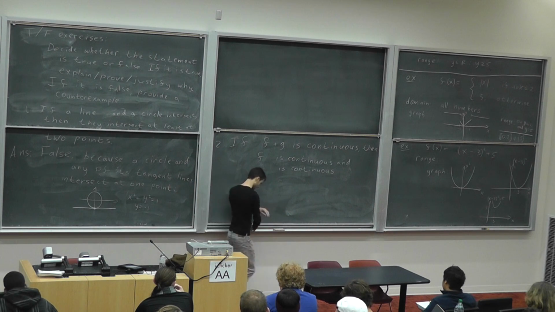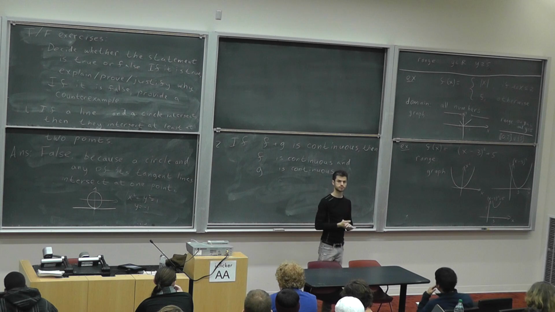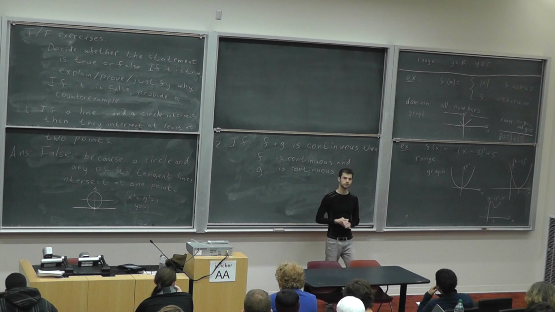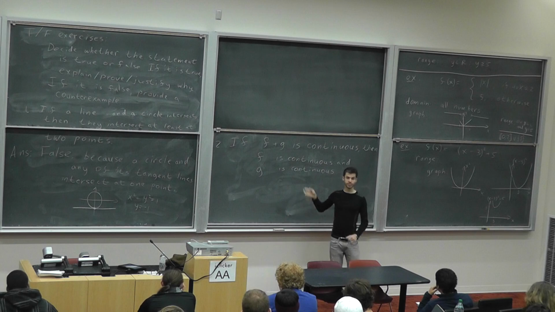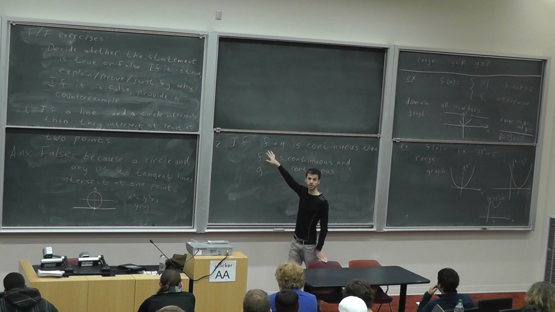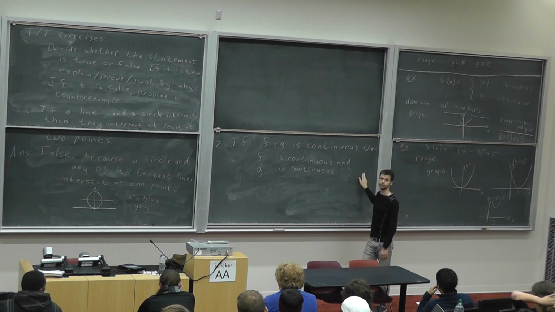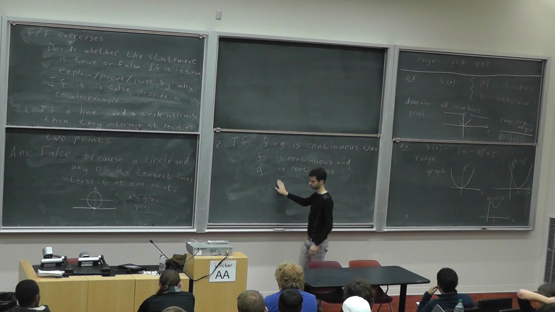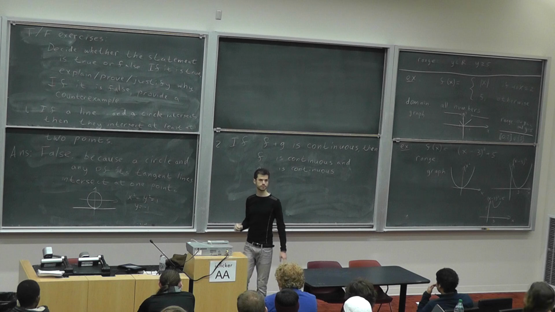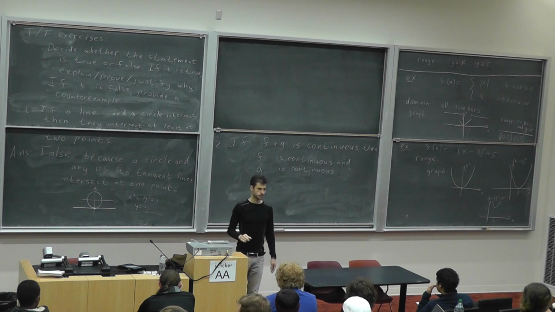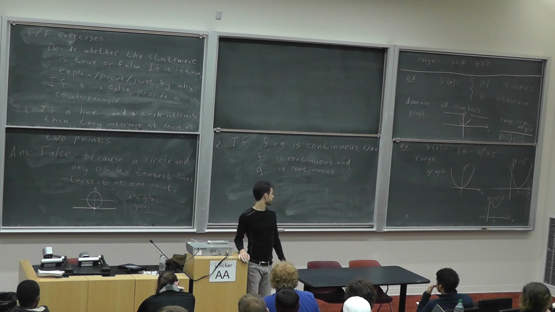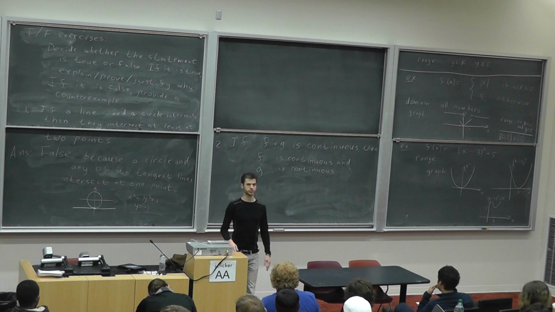Second exercise. So this statement is like this: if the sum of 2 functions is continuous, then each one of these functions is continuous. Let's start thinking whether it's true or false.